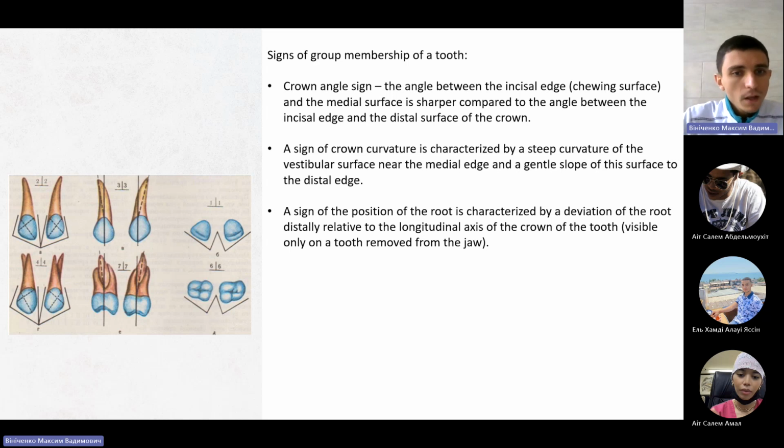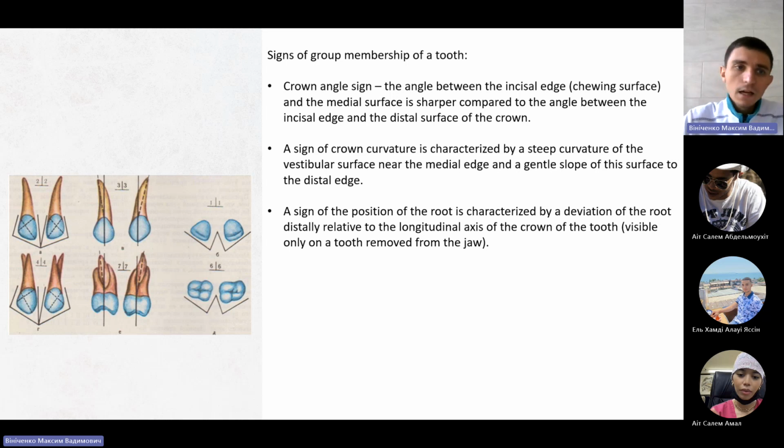So here we could see the picture. On this, we could see the sign of the position of the root. So we understand that the deviation of the root must be distal. If it is a midline, this root must curve distally.